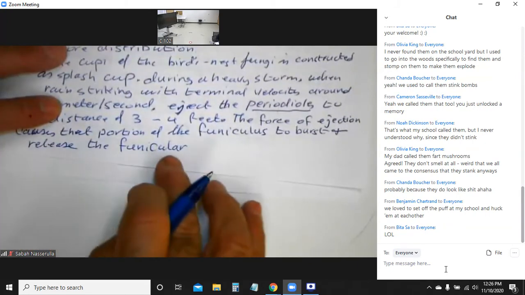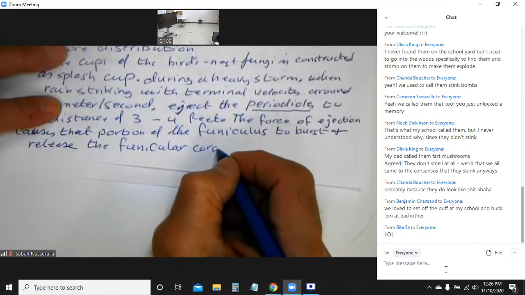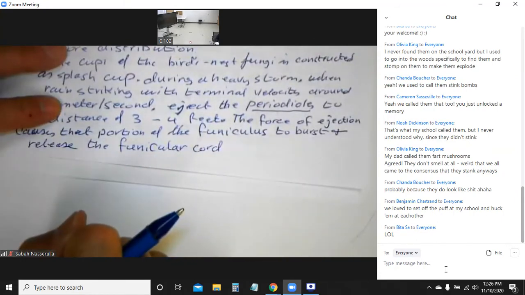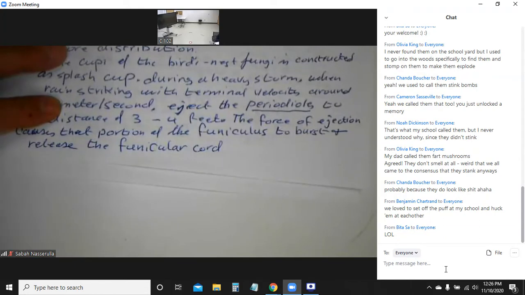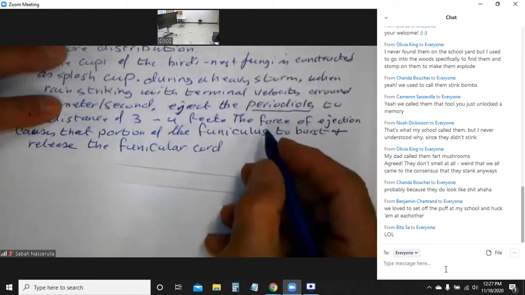And the part which is basically sticky, the lower part, is known as the hapteron. So it is called the funicular cord and hapteron.